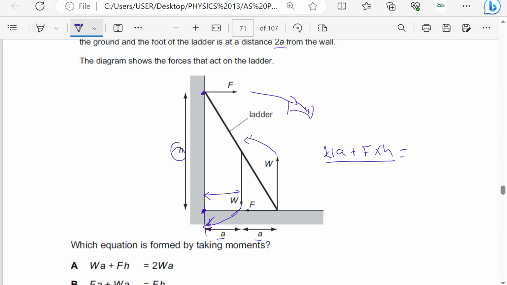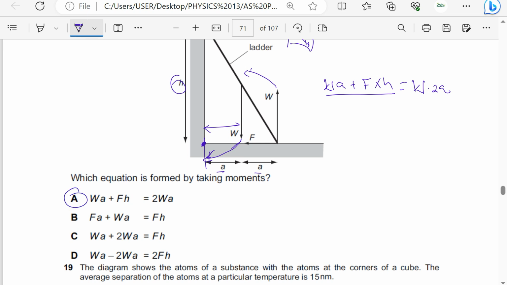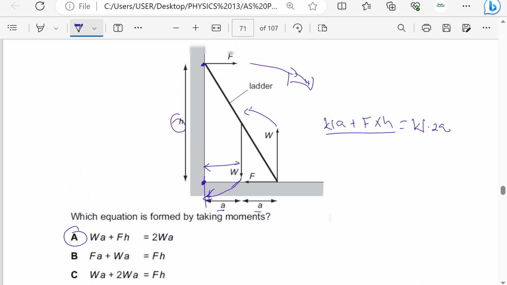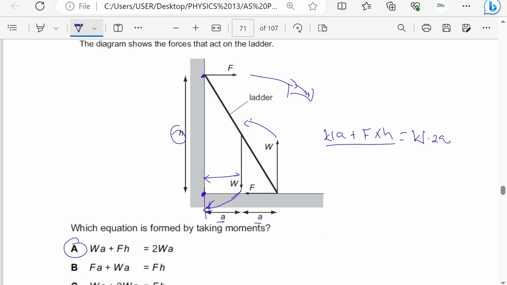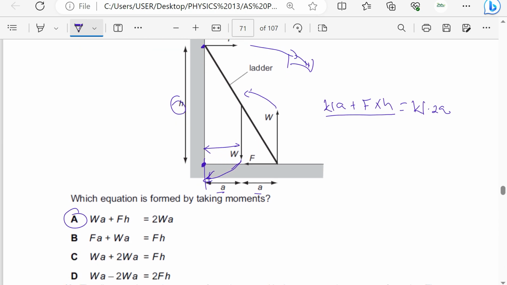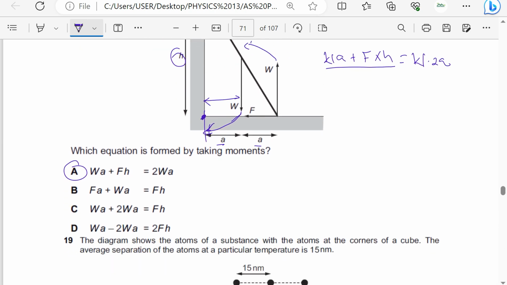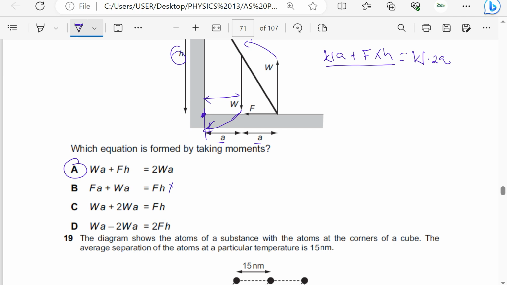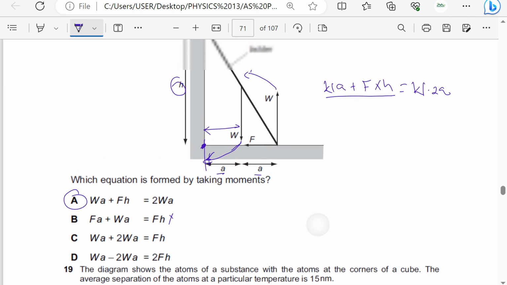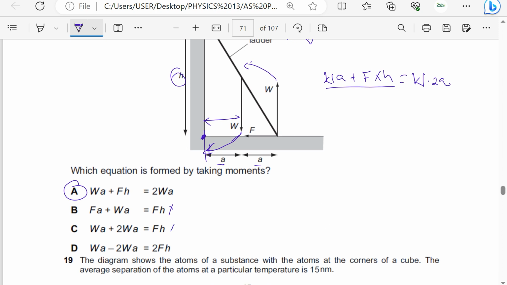They should be equal to the anti-clockwise moments, which is W times perpendicular distance, which is a plus a, that is, times 2a. F times a, the perpendicular distance of F from the point I'm taking moments cannot be a. So this is wrong. Wa then twice Wa doesn't make any sense. Wa minus 2Wa doesn't make any sense. So the answer is A.